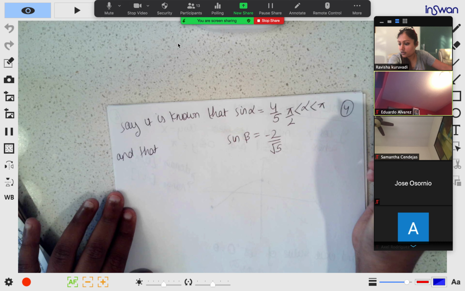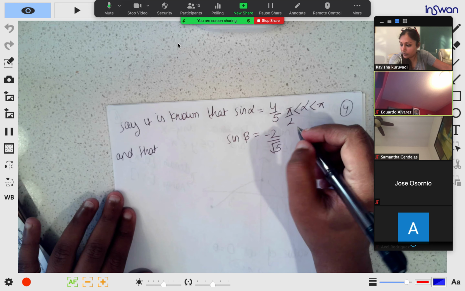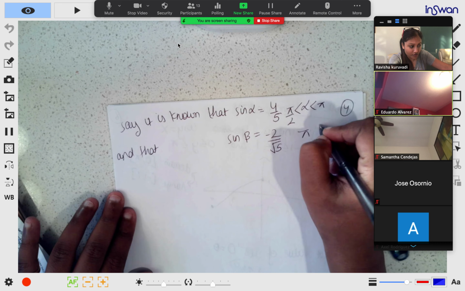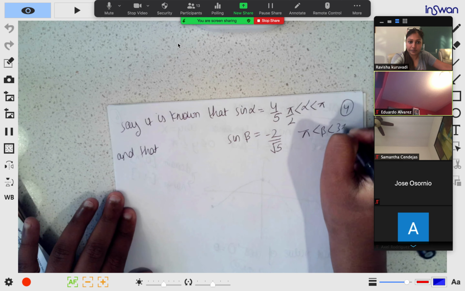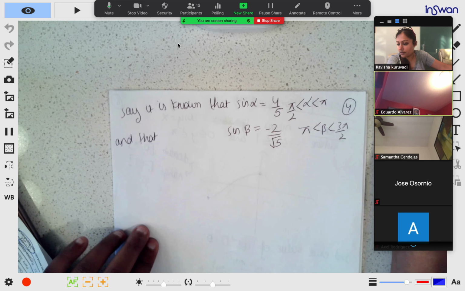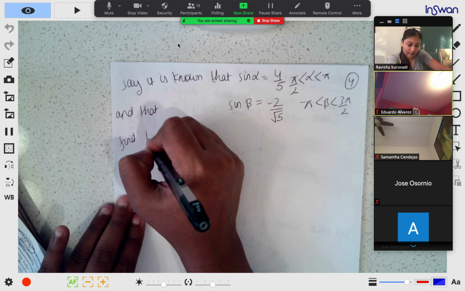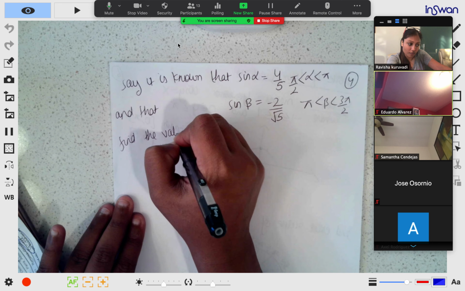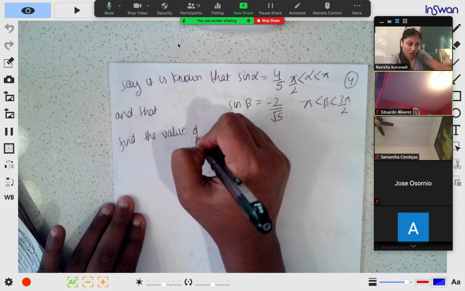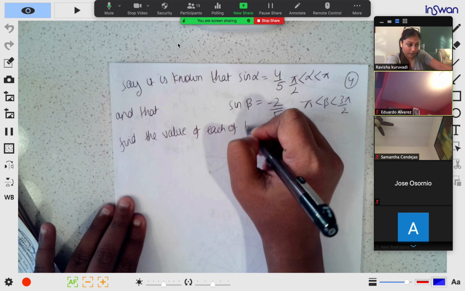Okay, and you're given it is between pi and 3 pi over 2. They say find the exact value of each of the following.